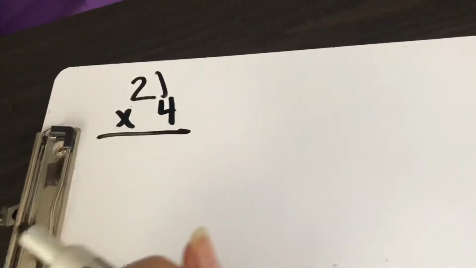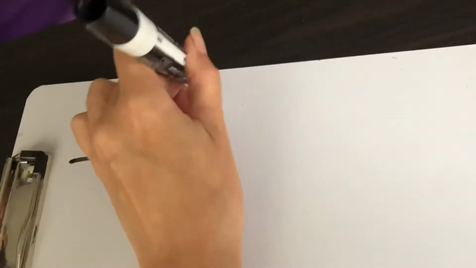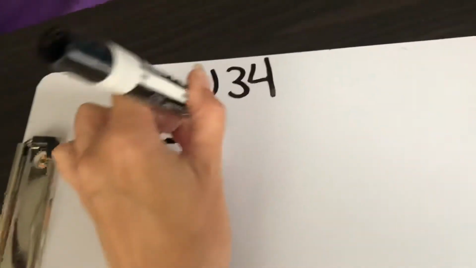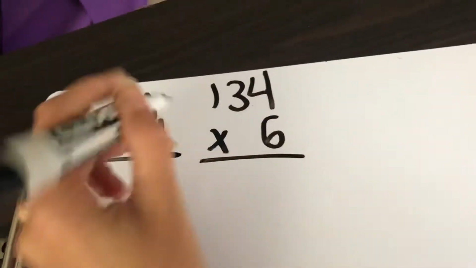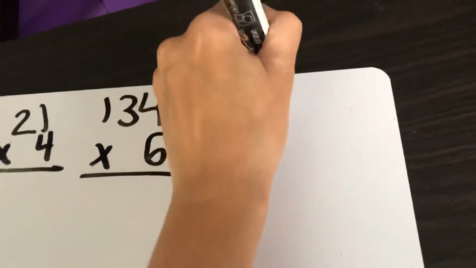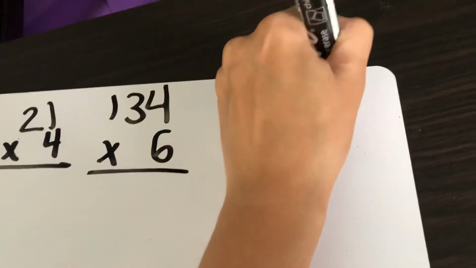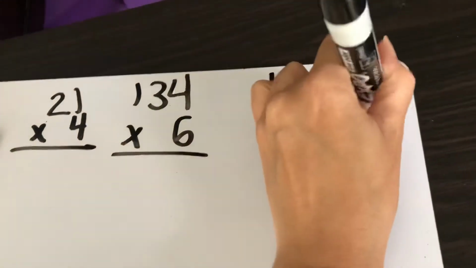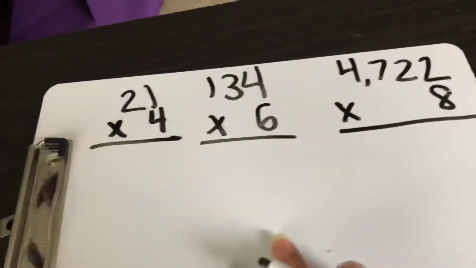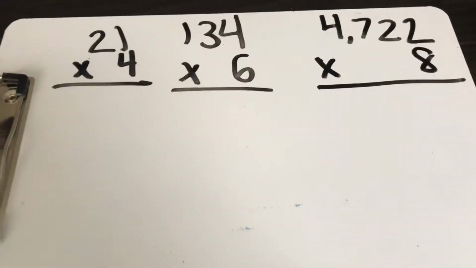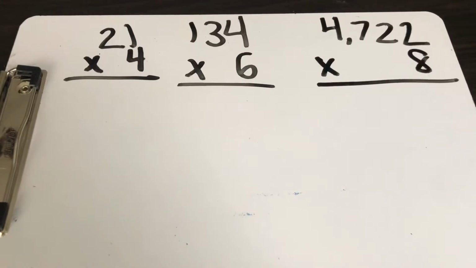Some examples of that, and what they mean by a one-digit number, is it can either be 21 times 4, because 4 would be the one-digit number, 134 times 6, because 6 would be the one-digit number, or 4,722 times 8, because 8 would be the one-digit number. So that's what they mean by multiplying by a one-digit number.